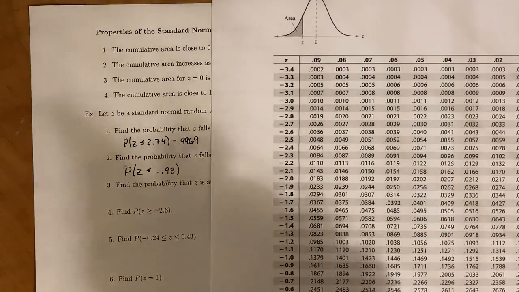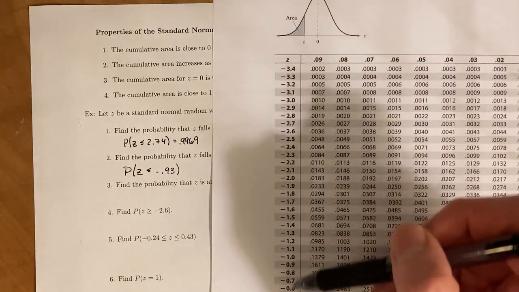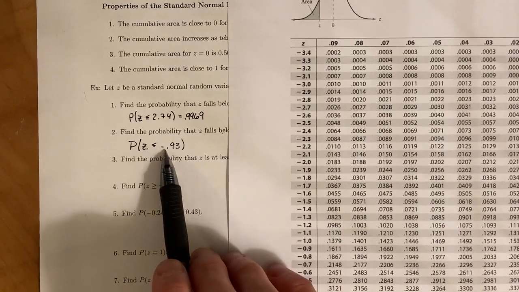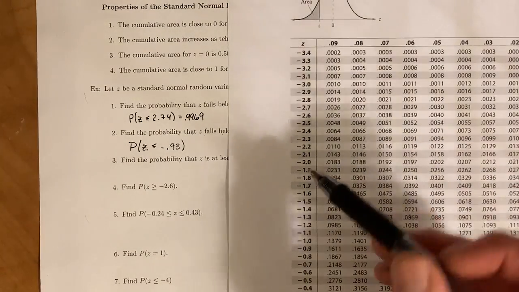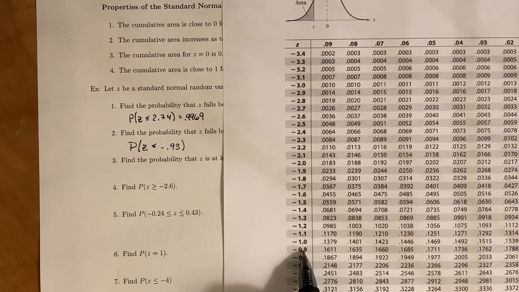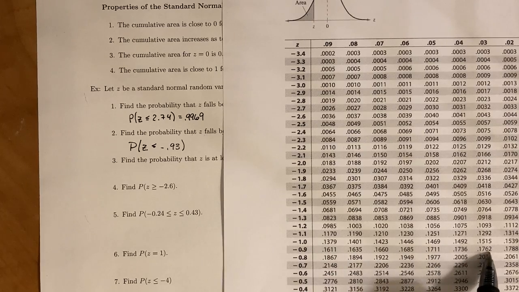So we're looking at the chart that has the negatives along the left-hand column. We go to negative 0.9, and then we go over to the column that has the 0.03.